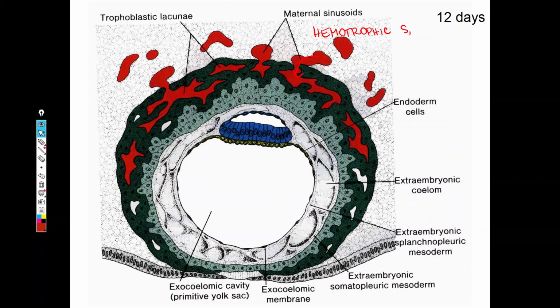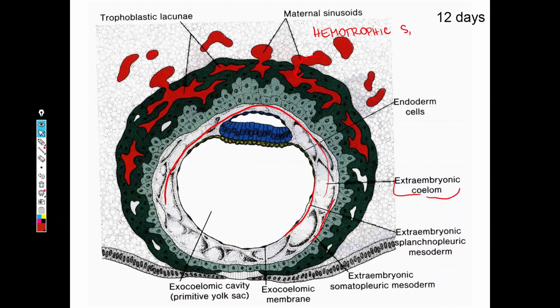And we have also extra embryonic mesoderm here around. So also extra embryonic mesoderm is pretty well nourished. You know that extra embryonic mesoderm is divided into splanchnopleuric mesoderm, which is over here, this layer, and somatopleuric mesoderm, which is close to the trophoblast over here. And between these two layers, an extra embryonic coelom is developing.